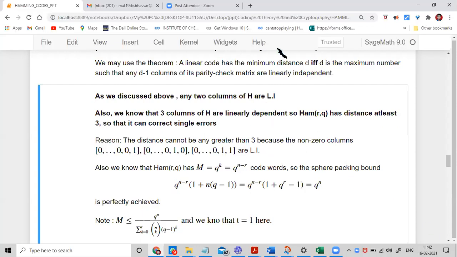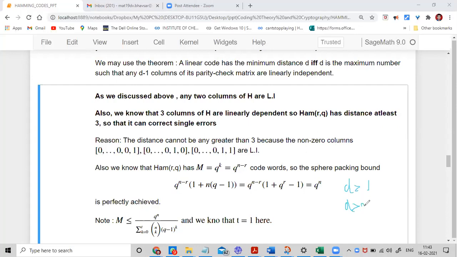You know that first, all columns are non-zero. That means if you take any single column, it is linearly independent. From that, we conclude that the distance of the code is strictly greater than 1. Now, any two columns are linearly independent. From that, you will get that the distance of the code is strictly greater than 2.